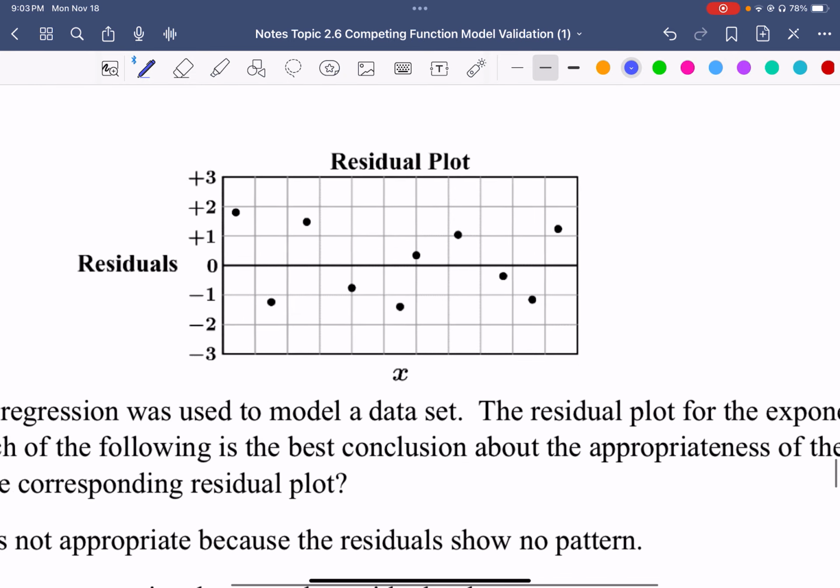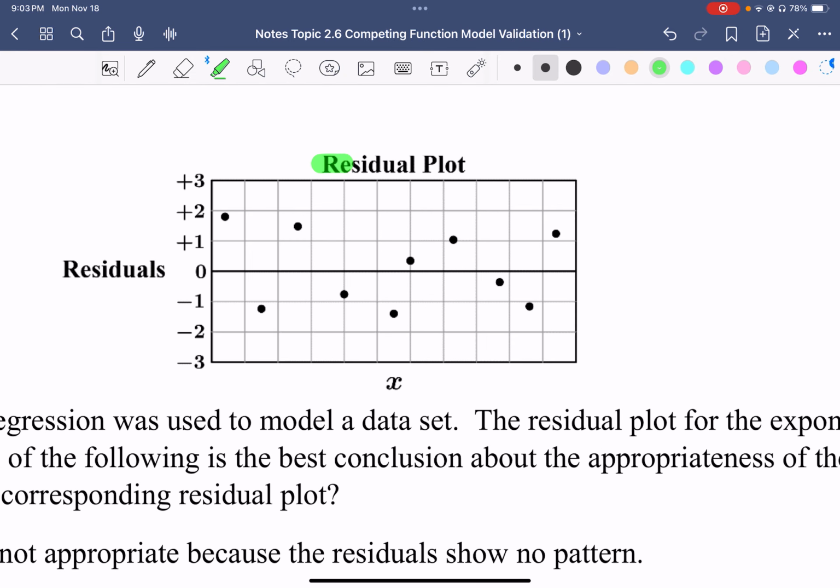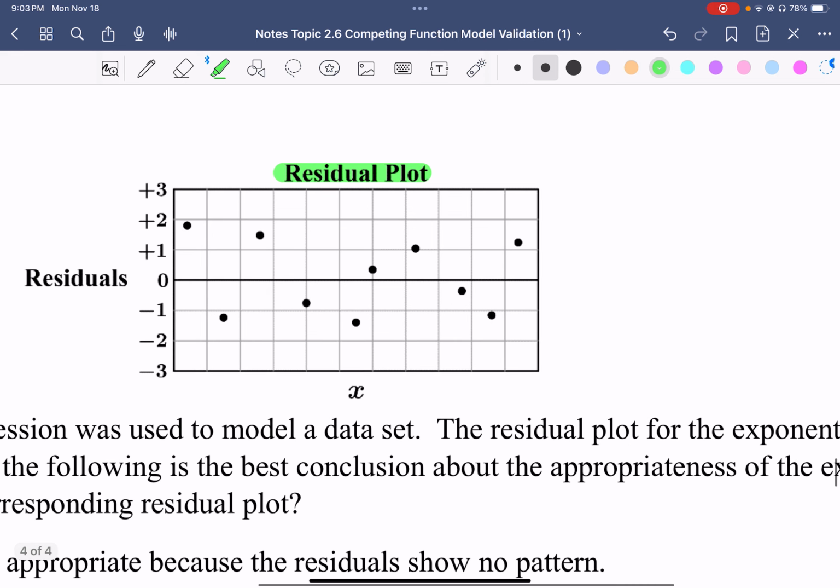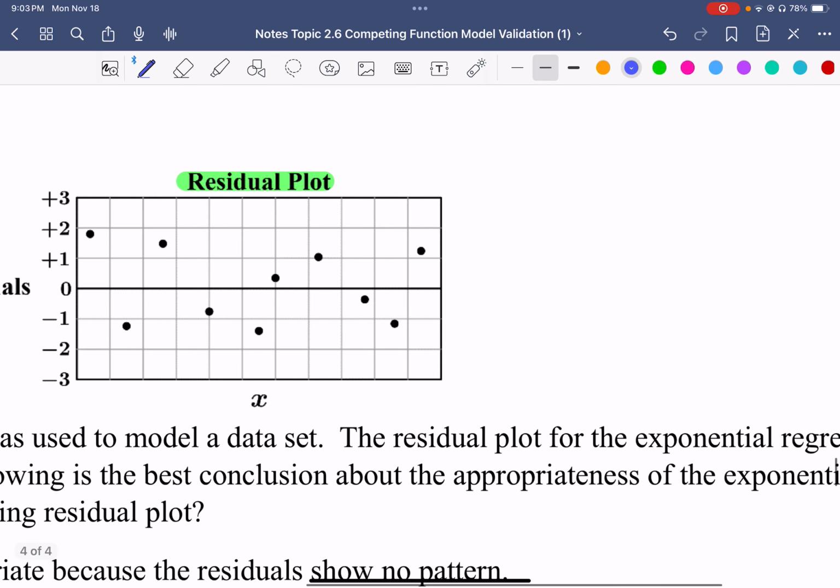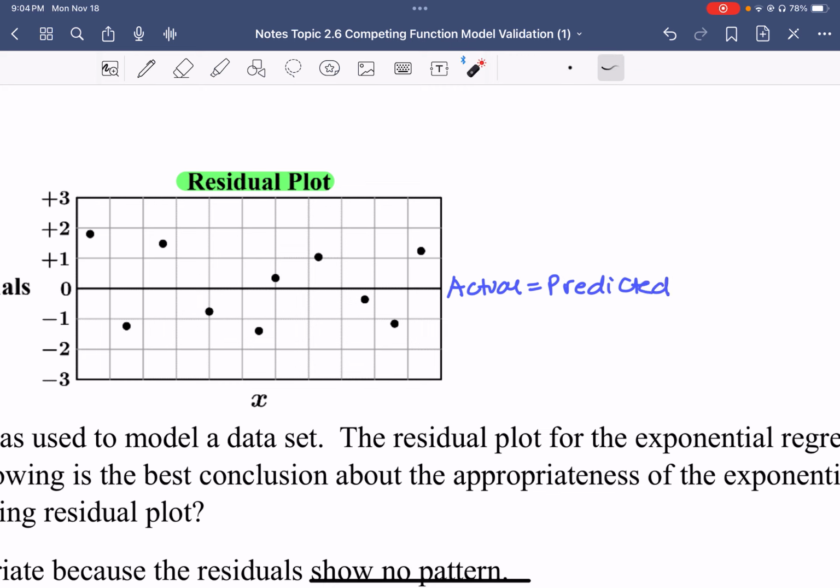This is what a residual plot looks like, and you'll know it's a residual because it always says residual on it. And where it says 0, this line right here, that means that your actual value is exactly equal to your predicted value. Okay, that means that your model was perfect. So for example, if I say the actual weight of the baby was 10 kilograms and the predicted weight was 10 kilograms, when I subtract 10 minus 10, I'm going to get 0.